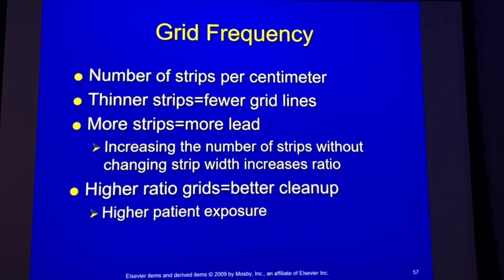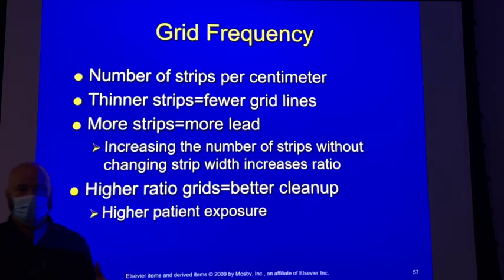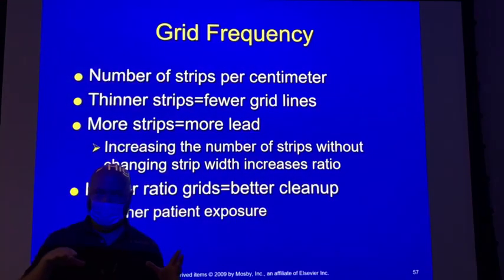That was a real problem when we first went to CR systems, because as we'll see in the fall semester, our CR systems were set up kind of like a TV, in that when a CR plate is read, it's read in a raster pattern that goes back and forth across the image receptor.